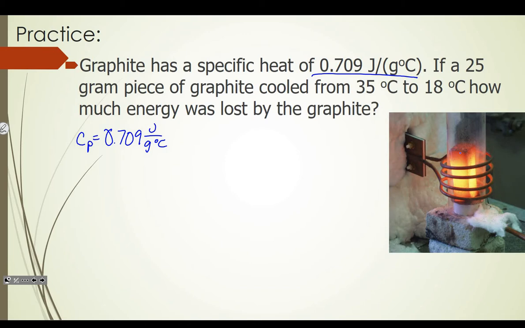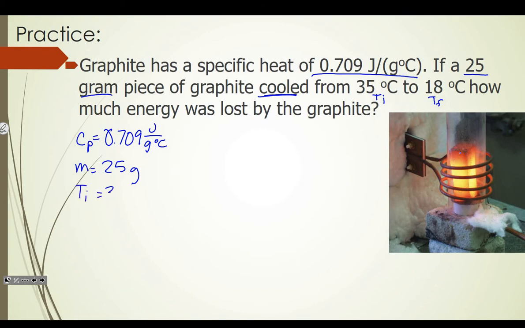Okay? So here's a number, 25 grams. 25 grams is what? m, good. It's my mass. So 25 grams of graphite cooled. It's cooled from Ti to Tf. All right, I'm going to put those over here.